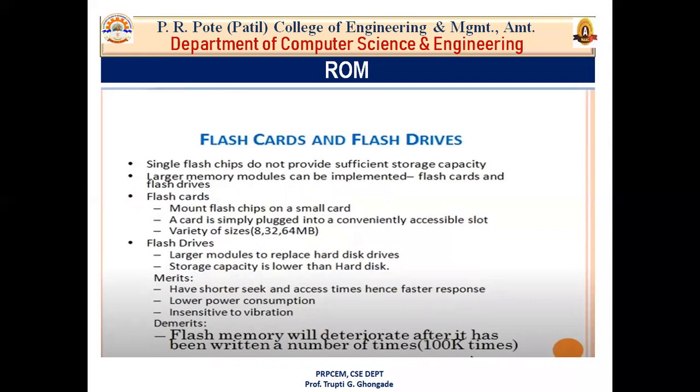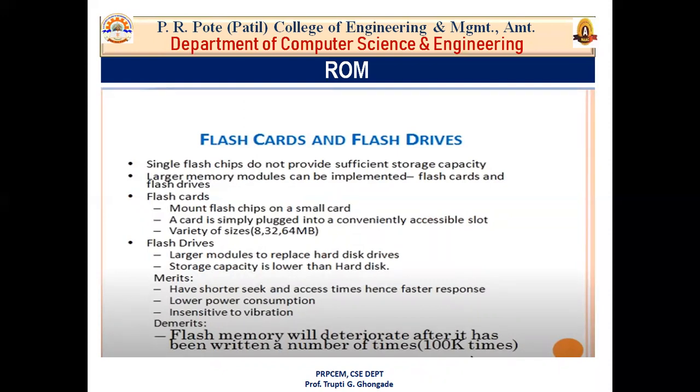Now, what is a flash card? Larger memory modules can be implemented in flash cards and flash drives. A flash card means mounting flash chips on a small card, so increasing the memory size. Then the card is simply plugged into a conveniently accessible slot.